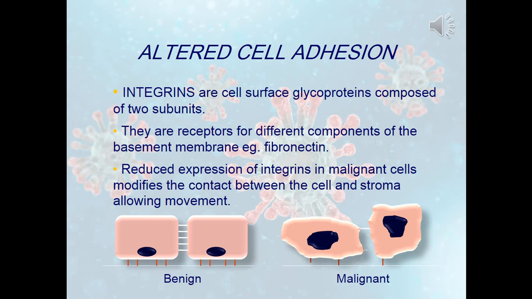So, reduced expression of these integrins in malignant cells modifies the contact of the malignant cells with the basement membrane, allowing these malignant cells to move apart away from the basement membrane.